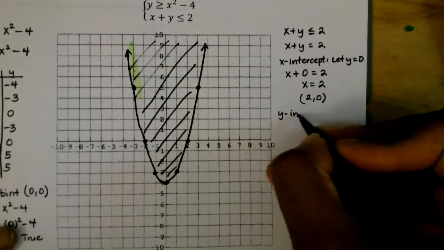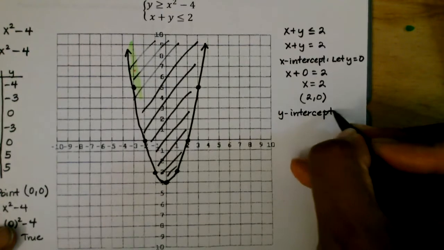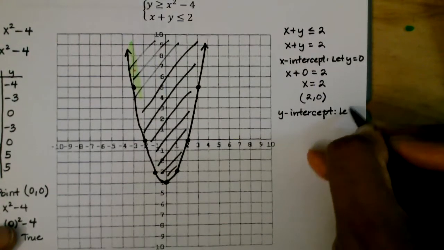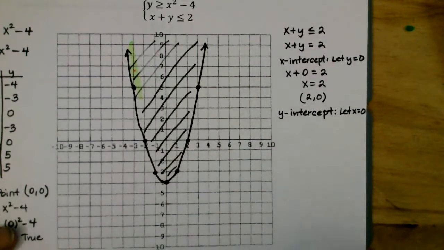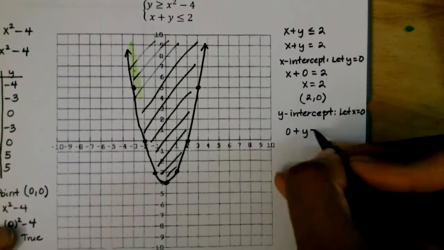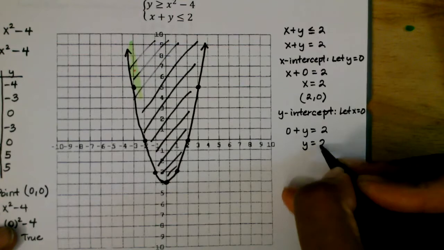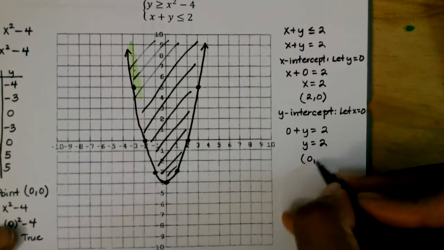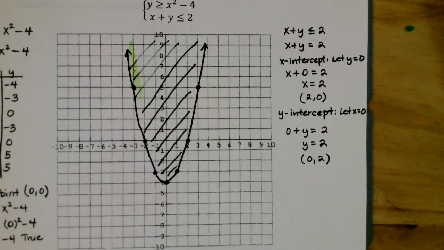And then for the y-intercept, here you let x equal 0 and solve for y. So you have 0 plus y is equal to 2. 0 plus y would just be y, so y is equal to 2. So the ordered pair 0, 2 will be your y-intercept.